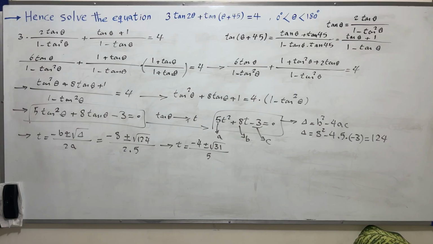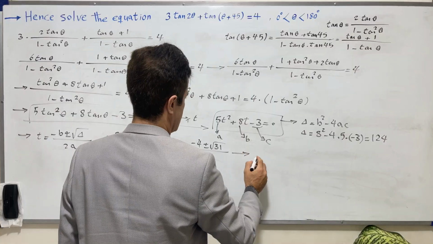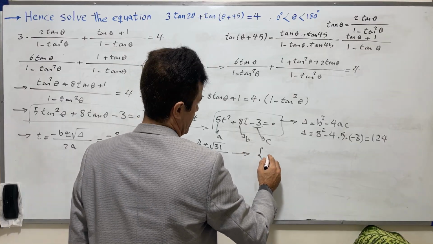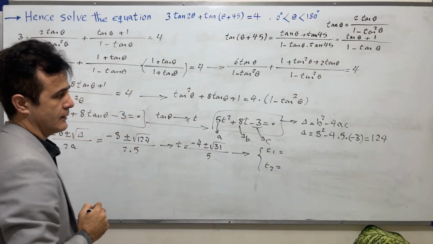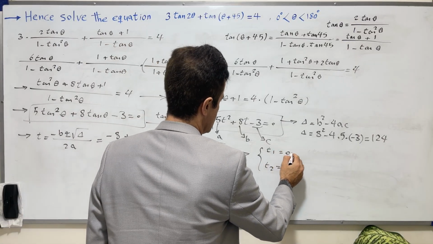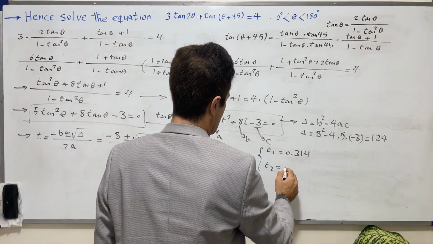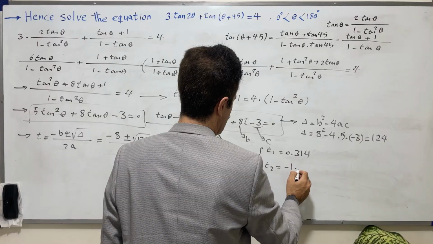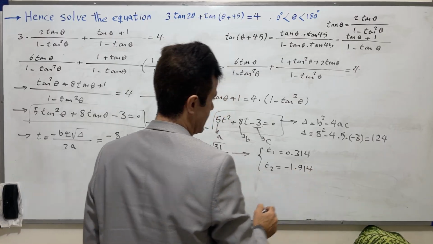And by calculating these numbers, the roots are t1 and t2. t1 equals 0.340 and t2 equals minus 1.940.